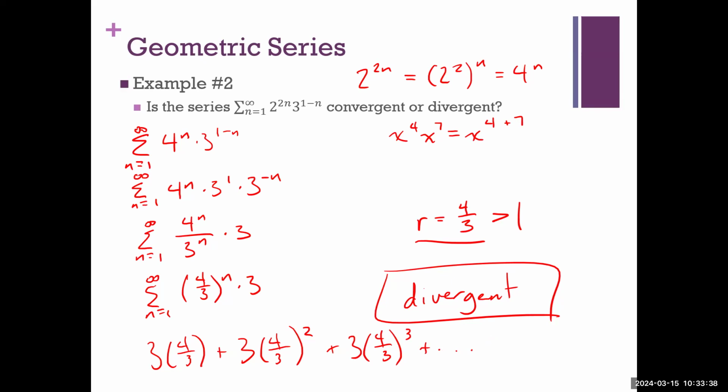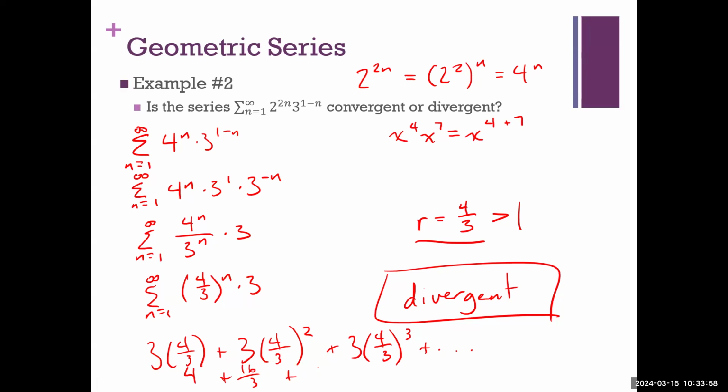If I were to simplify all these, 3 times 4/3 is 3, right? 3 times 16/9 is 16/3. Is 16/3 bigger than 4? It's a little bit bigger than 5, right?